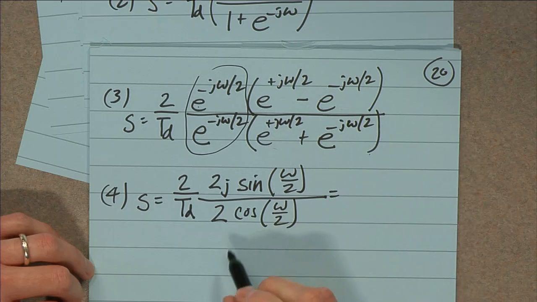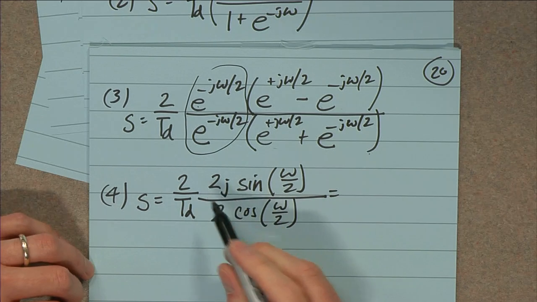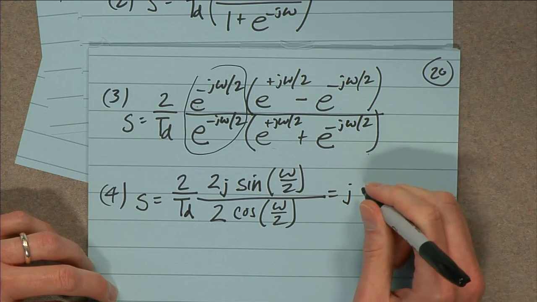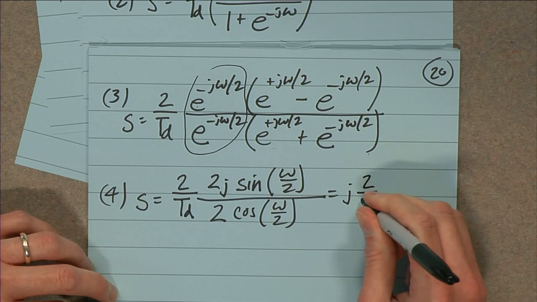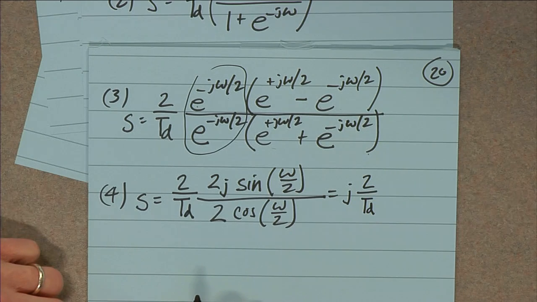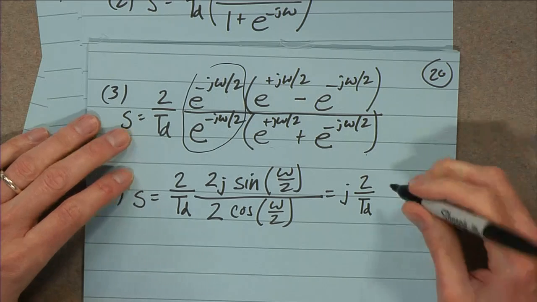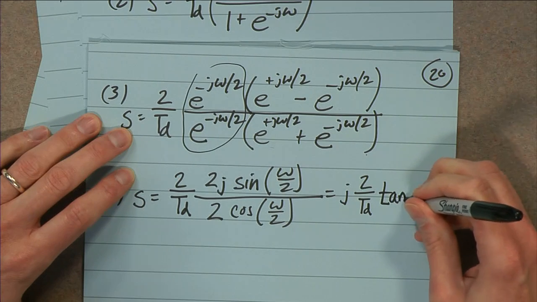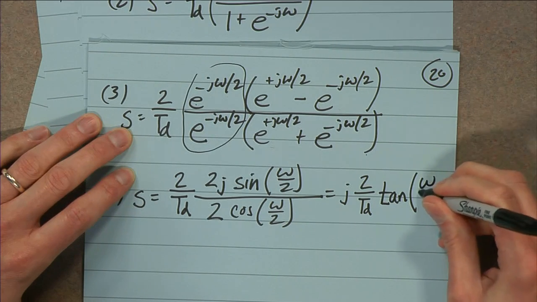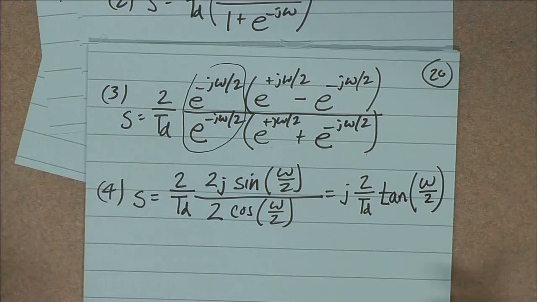And we can write this as, well, the 2's cancel, the j's left over, so we end up with j, our 2 over td is still sticking around. But what's sine over cosine? It's just a fancy way of writing tangent, right? So we've got tangent omega over 2.